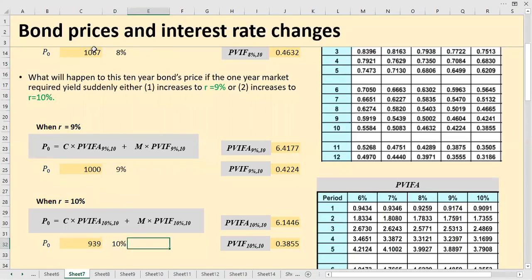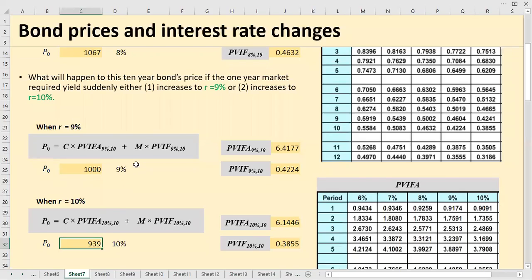But if you look at the price, the price is decreasing when the interest rate is increasing. So the conclusion here is that there is a negative relationship between the required rate of return and the bond price.